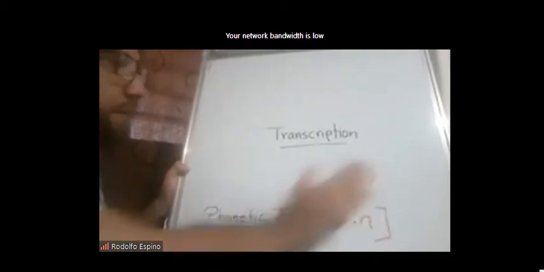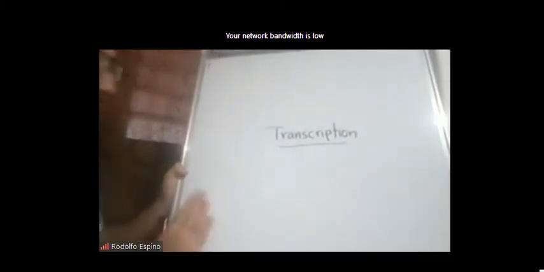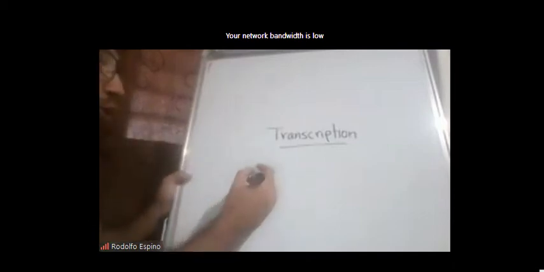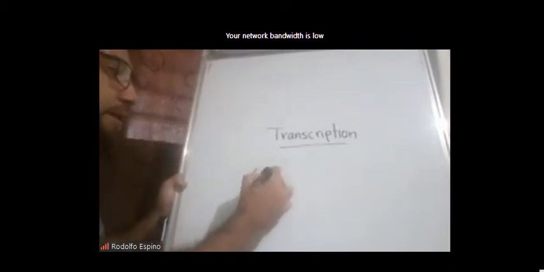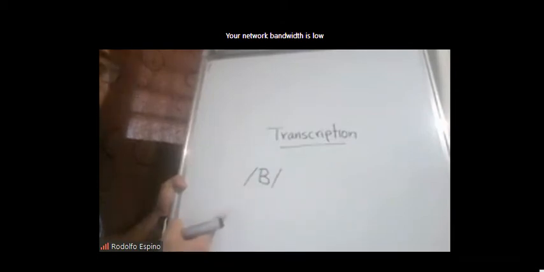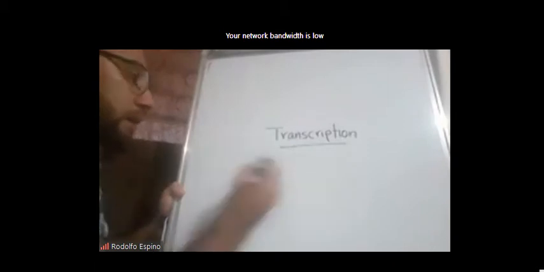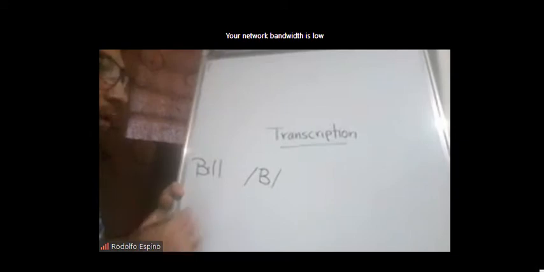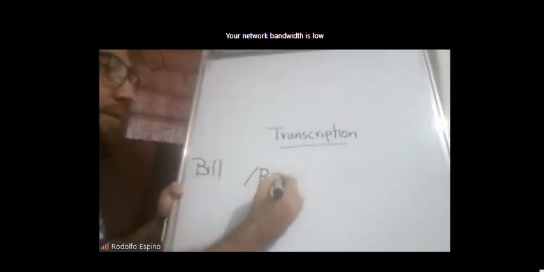Something very important about transcription, as I said last class, is that all the symbols that you will use should be written in lowercase letters. So you cannot write something like this. Even if you are transcribing the name Bill, for example, you don't transcribe it like this.